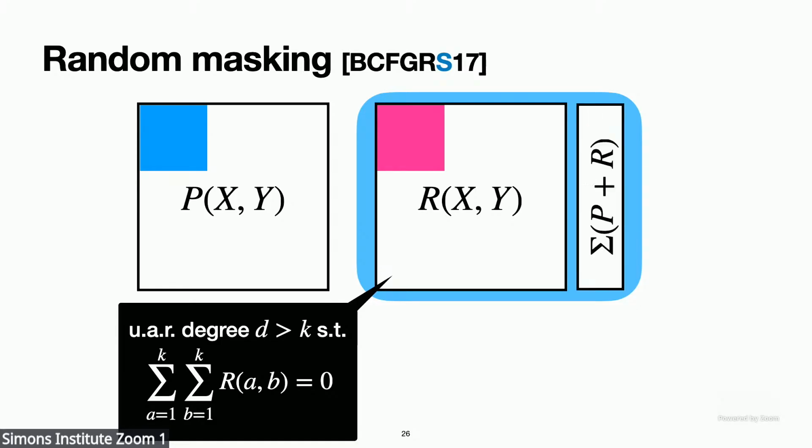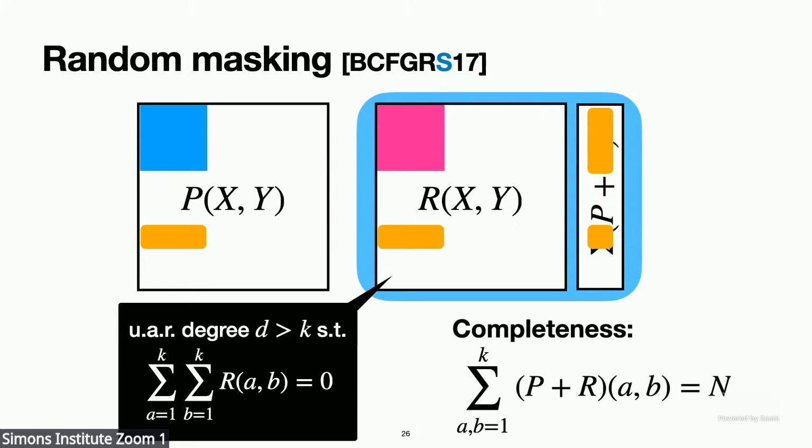Then I add a proof of the summation of P plus R, this sigma of P plus R. To check, I can do really the same thing: I check that this sums to n, which it should, since R sums to 0, and then I check consistency across now just these two. So it's still K queries.